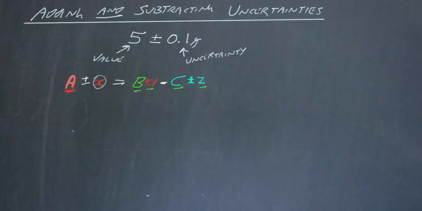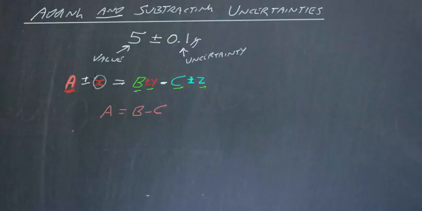Well, first of all, to find A, just to clarify, we've found A by subtracting C from B. So B minus C gives us A. So we've got the value for A.